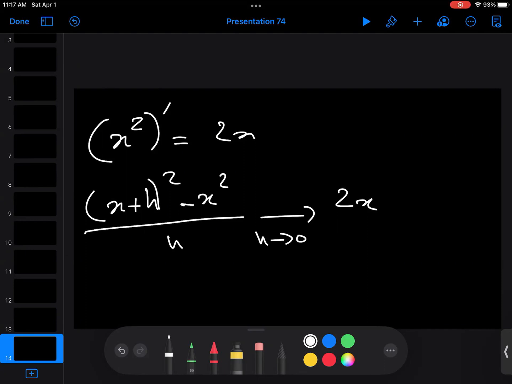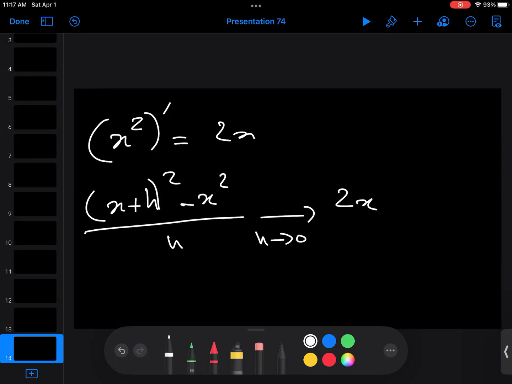So we can see that for some functions, we can compute the derivatives and we obtain other functions.